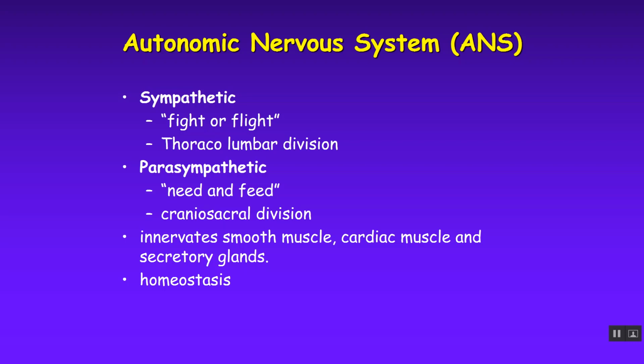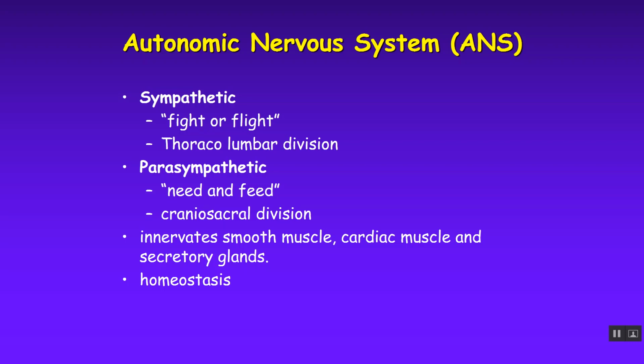It's also considered the craniosacral division, because the nerves that drive parasympathetic activity come out of the cranial area through cranial nerves, or the sacral area. A few sacral nerves go out to supply especially sexual function and excretory function and so forth. That is why it's called the craniosacral division.